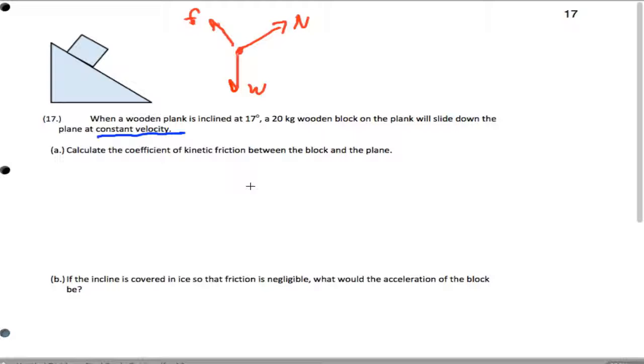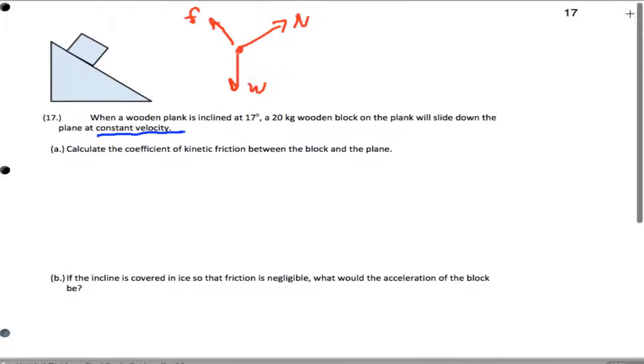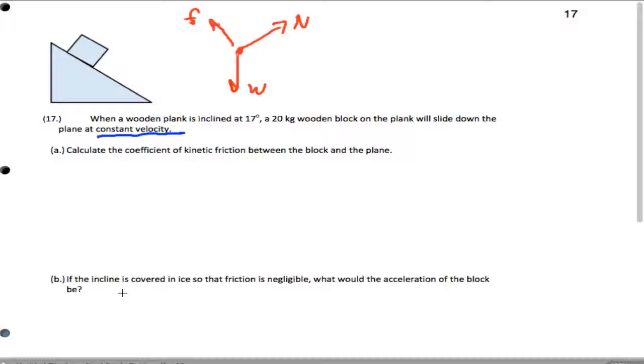Now, what do we do with this? Well, we just did part A, and it says if the incline is covered in ice so that friction is negligible, what would the acceleration of the block be? Well, if we have no friction, then the only force we have is W cosine of 90 minus theta, which is going to make the block accelerate.